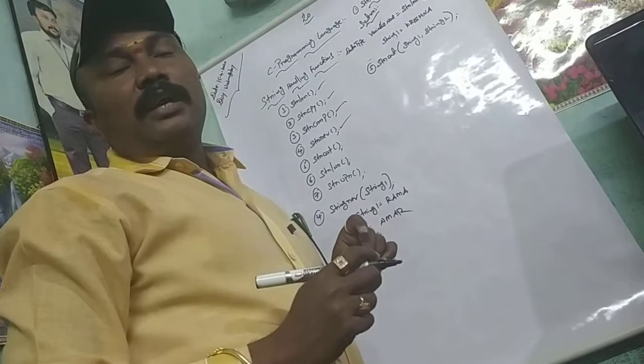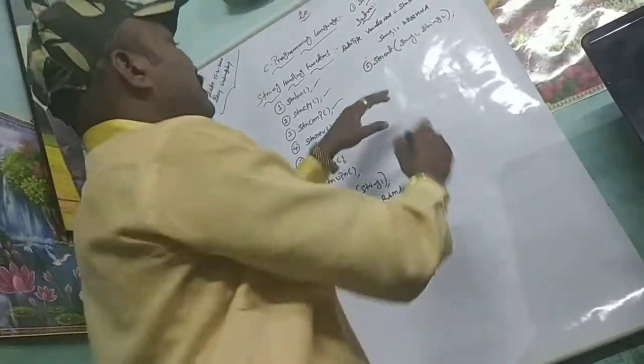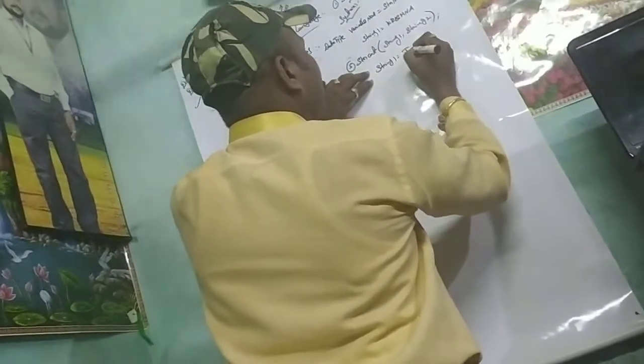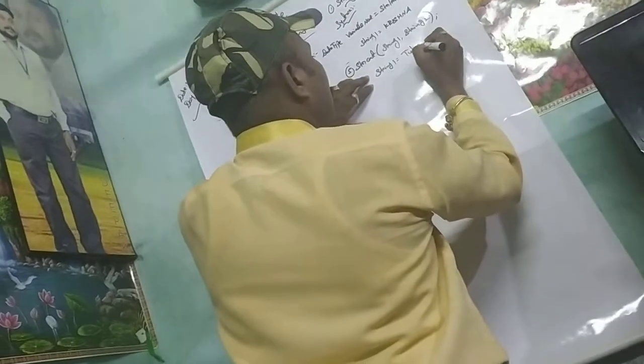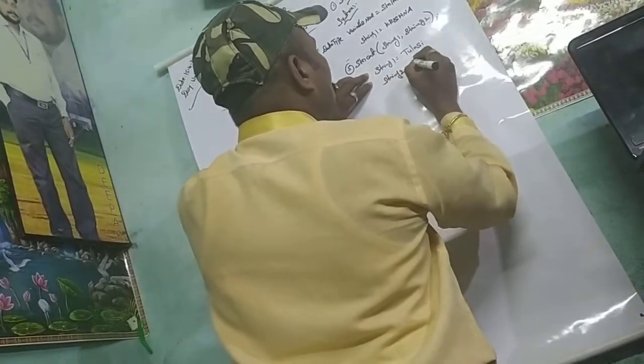Here, for example, string 1 is Tulasi. What is string 1? Tulasi. String 2 is Kumar. What is string 2? Kumar.